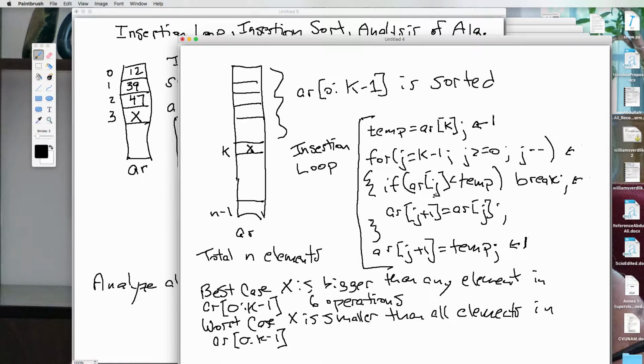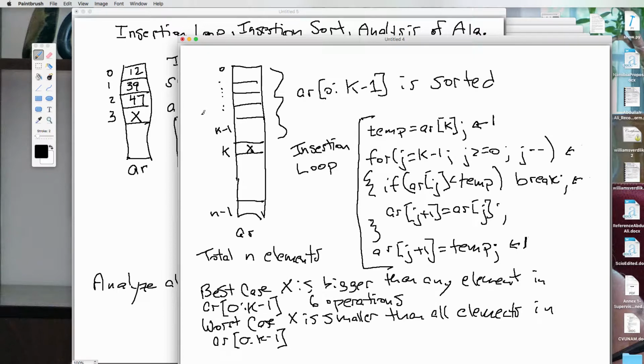Well, in other words, remember what this statement here is doing. It's taking this element and moving it down to here. It's taking this element and moving it down to here. This element here and moving it down to here. This element here and moving it down to here. So what's basically going on is if this is going all the way up from 0 all the way up to K minus 1, and we're going to be moving this to here, and this to here, and this to here, and this to here.